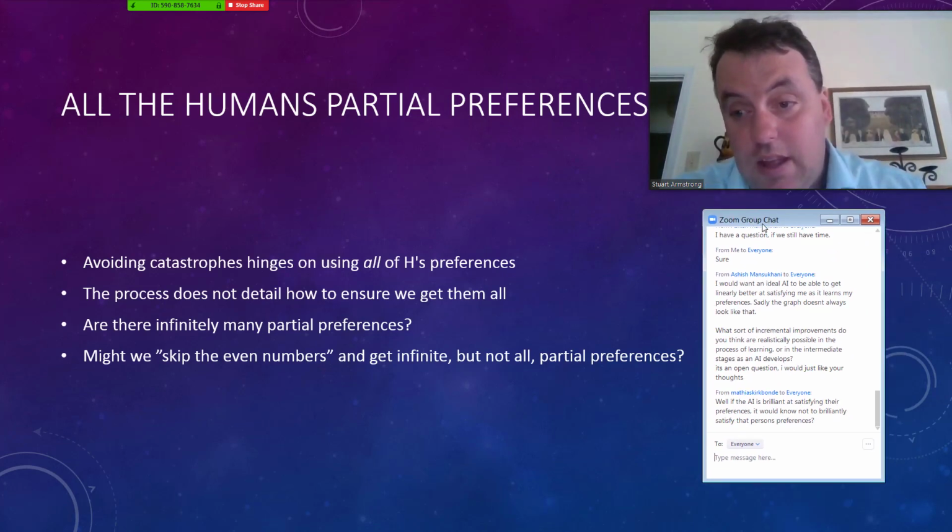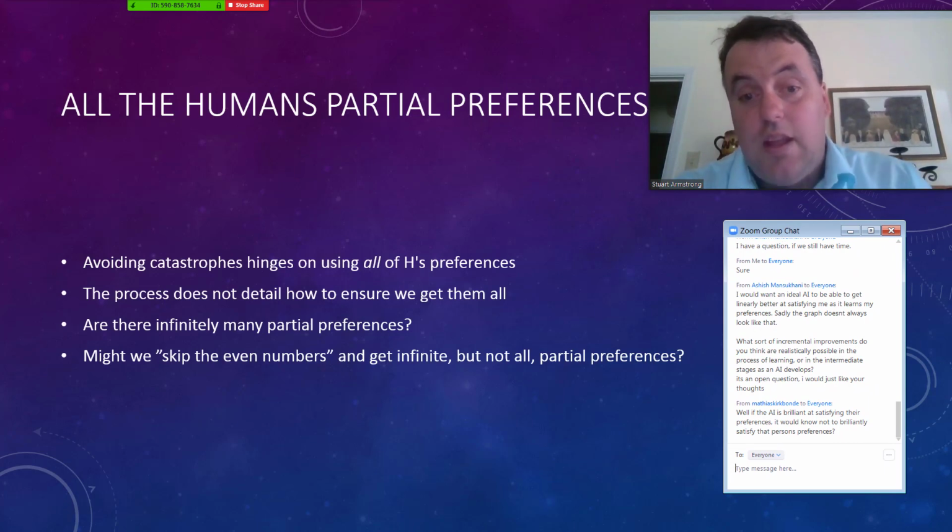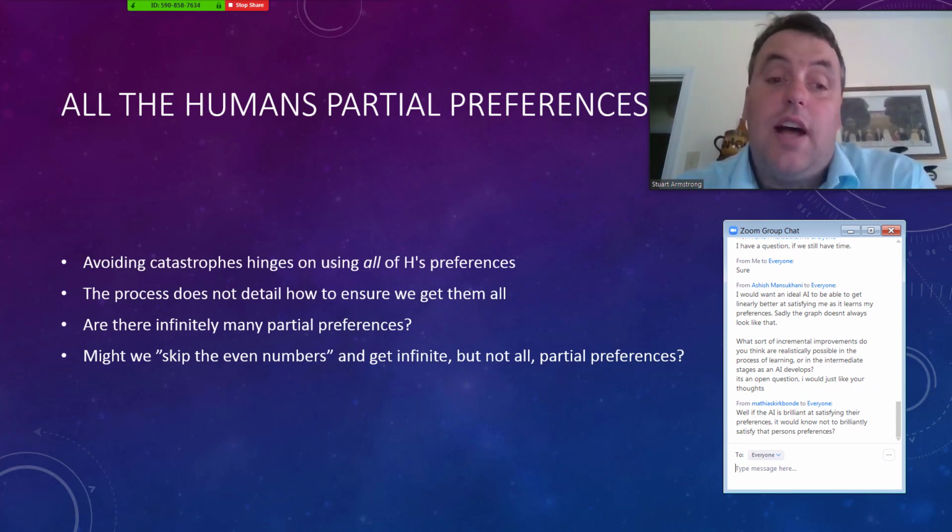The thing is that the graph doesn't always look like that. What this suggests is that basically we need to get the irreversible preferences in quickly.